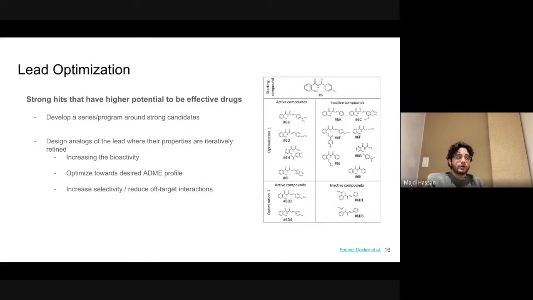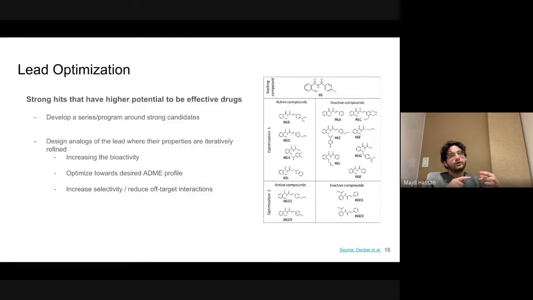We are now going to dedicate resources to these dozen candidates, and develop a series of programs around them. More resources and more focus will be addressed to these, and you're going to design analogs of this lead, where you iteratively refine the molecule in order to increase its bioactivity.